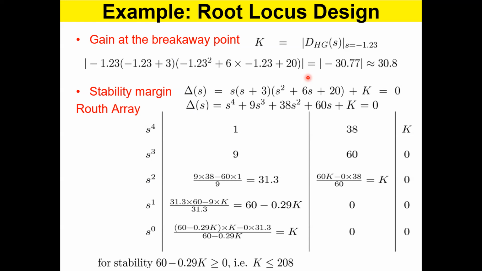So the characteristic equation is the denominator polynomial set to 0, right? That is s times (s plus 3) times (s square plus 6s plus 20) plus k. So this one you set to 0. This is the characteristic equation of the closed loop transfer function, okay?